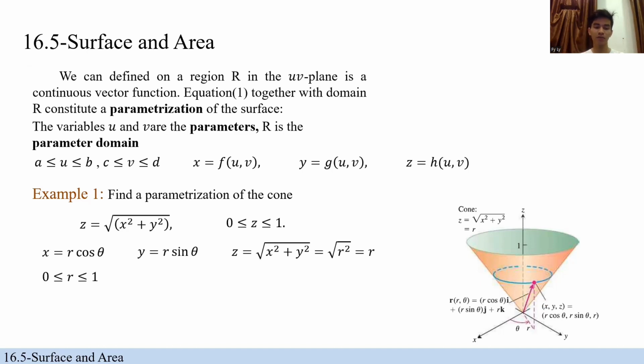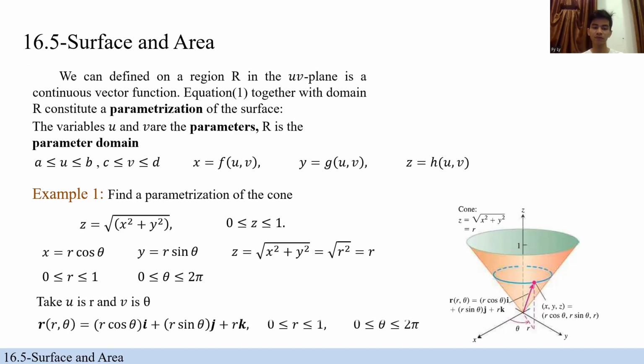The domain for r is 0 to 1, and theta is 0 to 2 pi. We take r as u and theta as v. So we have the function r(r, theta) equal to r cos theta i hat plus r sin theta j hat plus r k hat.